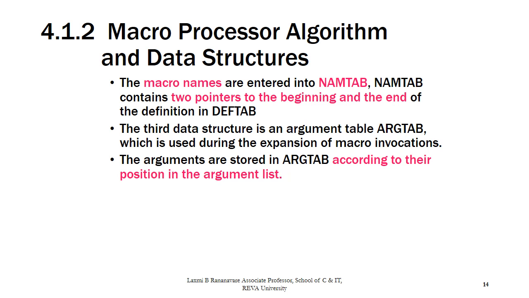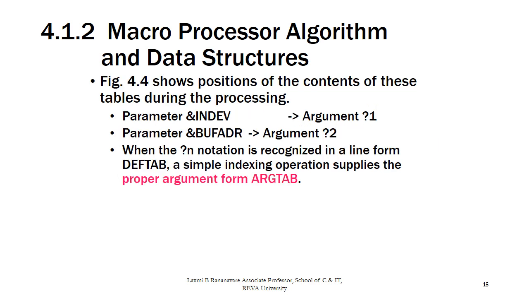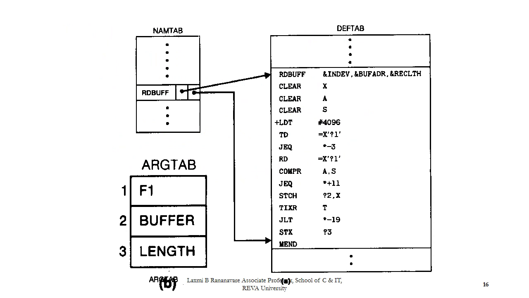And the third data structure is the argument table, ARGTAB, which is used for expansion of the macro calls or invocations. So pictorially, with this diagram, this is what I would like to explain in today's class.